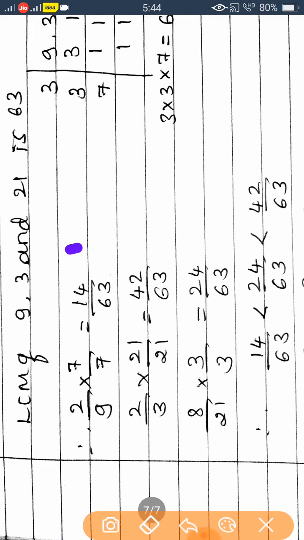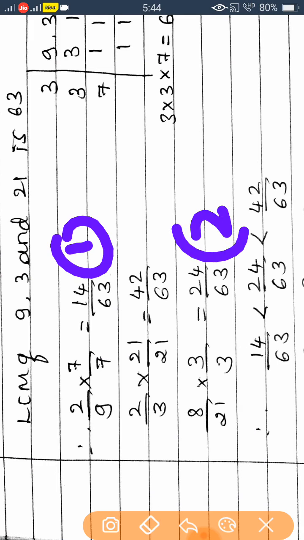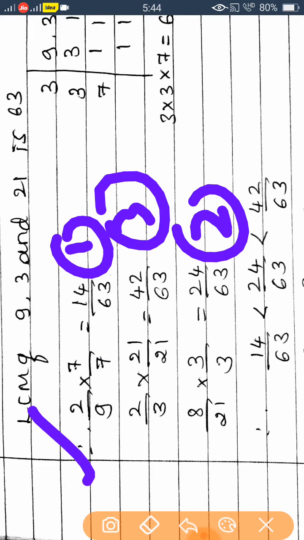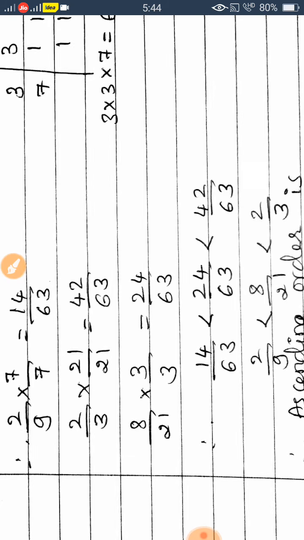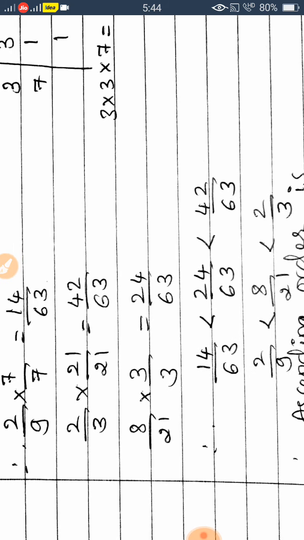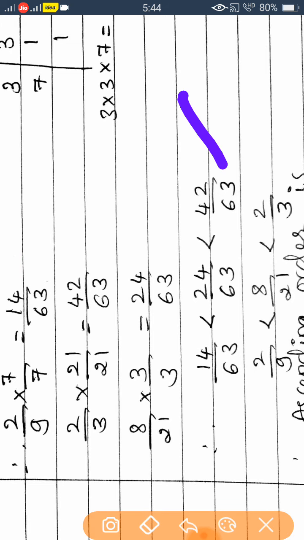First, second, third means it is nothing but 2 by 9, 8 by 21, 2 by 3. So here I can write 14 by 63 is less than 24 by 63 is less than 42 by 63, which means 14 by 63 is nothing but 2 by 9, 24 by 63 is 8 by 21, 42 by 63 is 2 by 3.